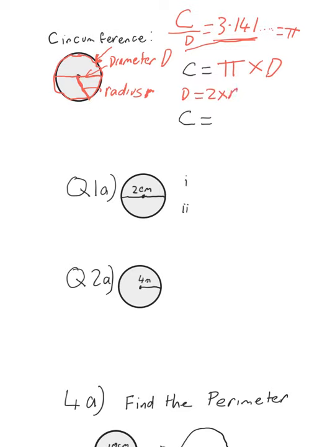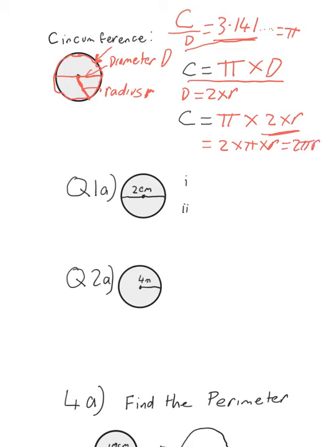So substituting 2 times r for the diameter and rearranging, we get 2 times pi times r, or taking out the times signs, 2 pi r.